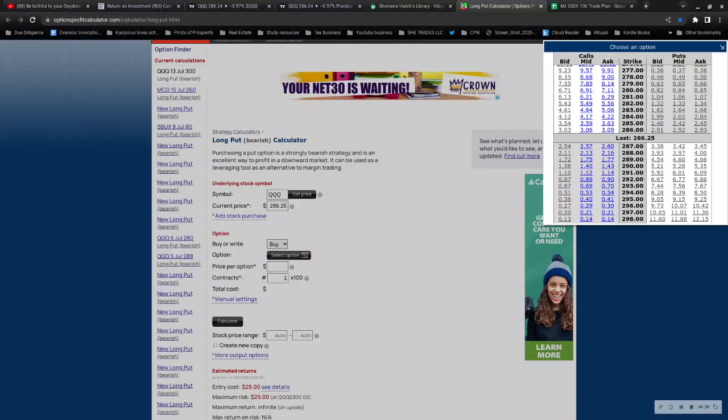So I'm going to save about $4 tomorrow, $4 or $5. So what I do is I add $5 to the price. So 286 plus 5. And then that's how I get the stock price that I'm going to use.